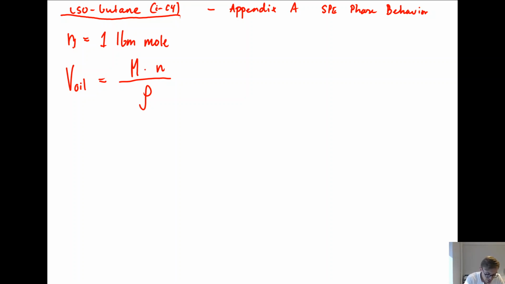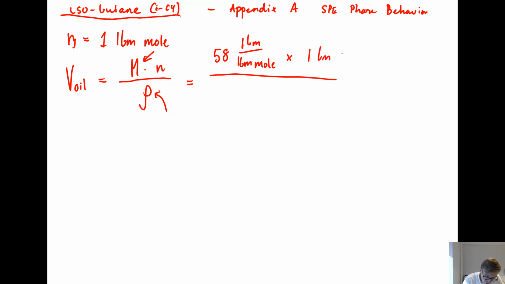And that's where we can, for instance, get molecular weight and density for isobutane. We can take those values from that table, and we know that the molecular weight of isobutane is 58 pounds per pound mole, and we can multiply that with 1 pound mole. This is kind of just a units game.